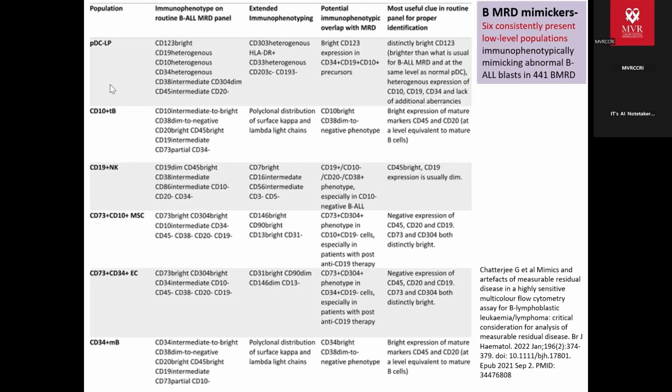And I've set a gate where my normally occurring PDC, that is the plasmacytoid dendritic cell, is going to lie in my template. So all these normal populations can show the exact same phenotype as your hematogone or an abnormal blast. So you need to have extensive knowledge of what these low-lying percentage of cells which can mimic our MRD.